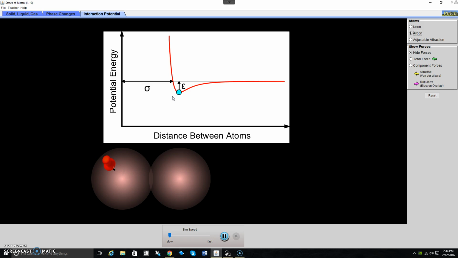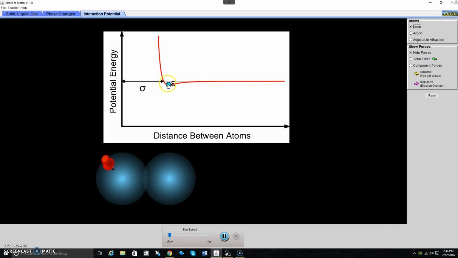And what this means is that argon has a higher affinity for argon than neon does for neon, as can be seen by the differences.